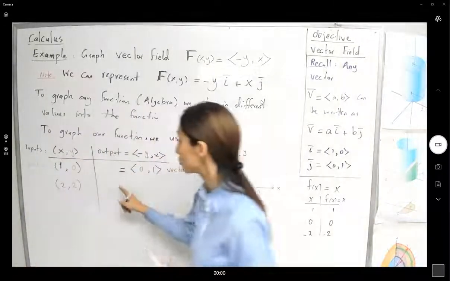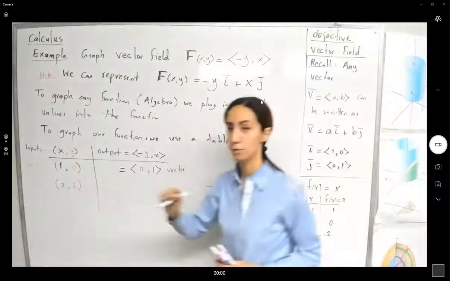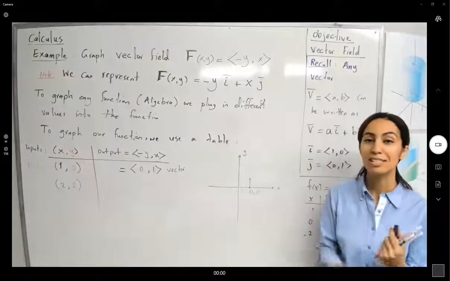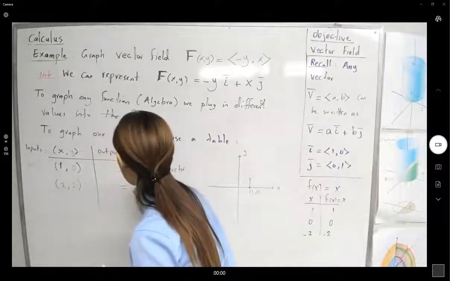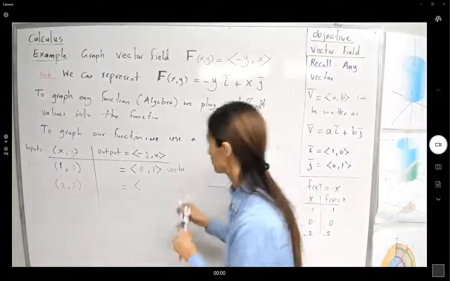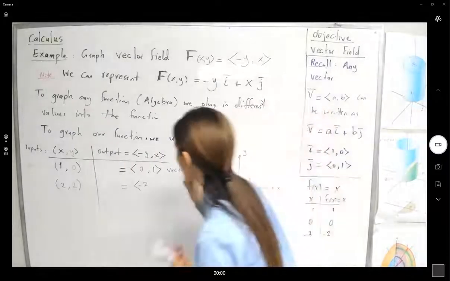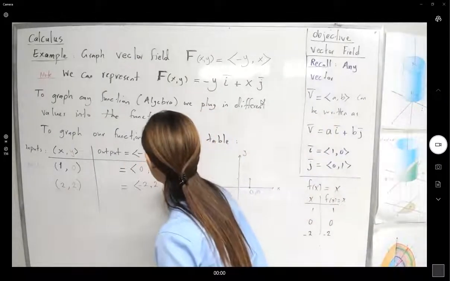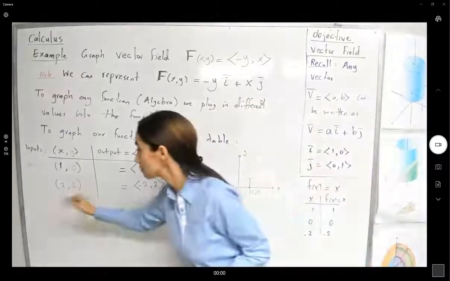So the output value at that position, that the particle is at this position, it assigns a vector as the output. Here you have, well, y is 2, so we get minus 2, and comma, x is also 2. Negative 2 and 2 at this position.